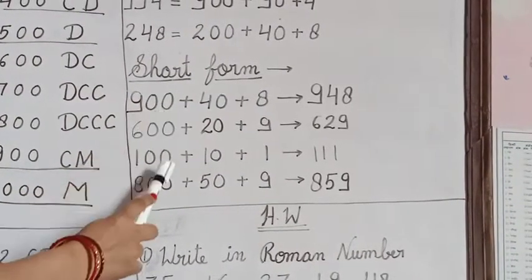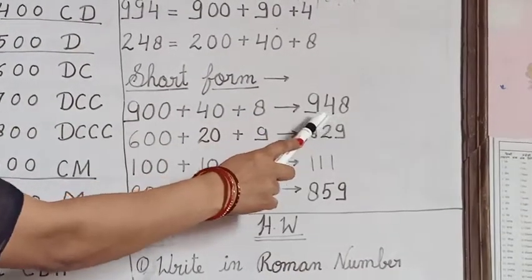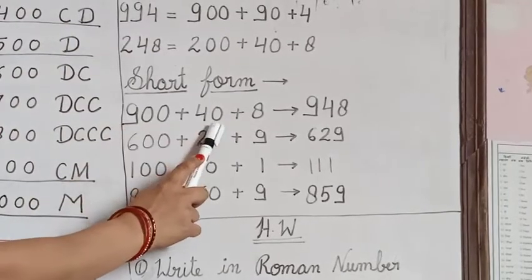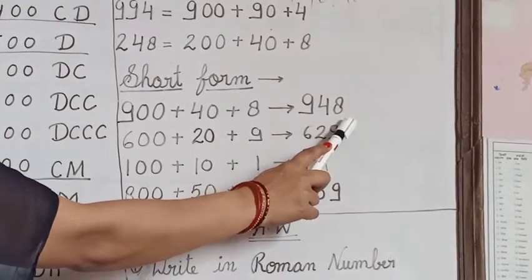Some numbers are given in expanded form, but you write them in short form. How? 900 plus 40 plus 8, when you write in short form, is 948.